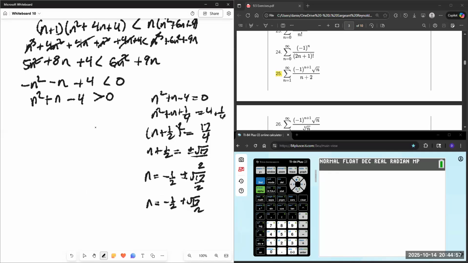At least not if I am dealing with 1 to infinity, but convergence and divergence doesn't change if I would pull some terms off. So let me pull the first, what did I say, 2 minus something.